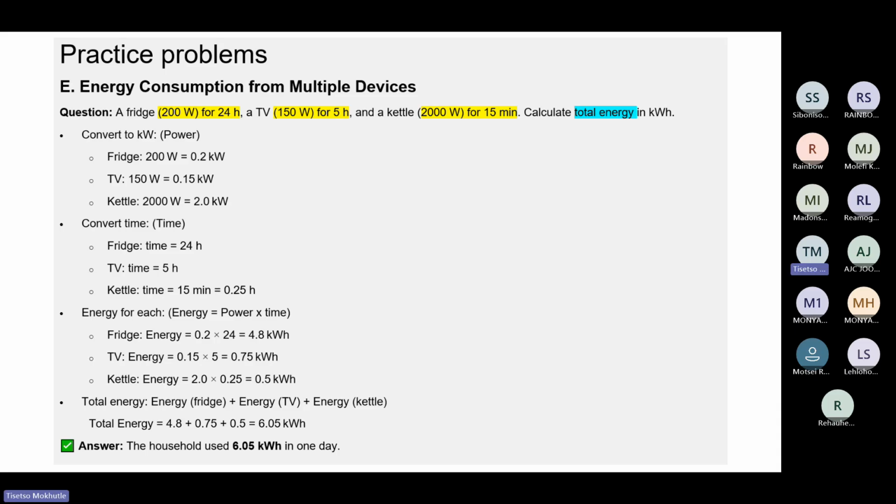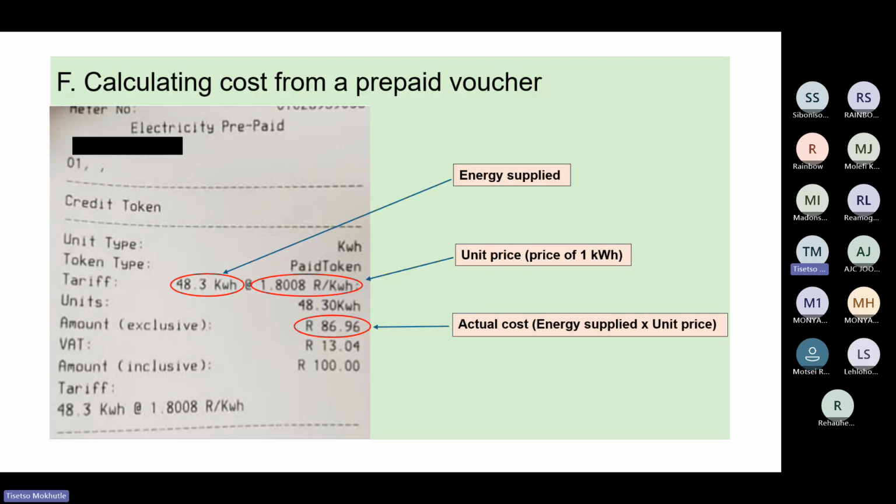Learners, and lastly but not least, you can also calculate energy or even cost using the voucher that you use when you go to the shop to buy electricity. When you look at the voucher, there are things that you must look at.